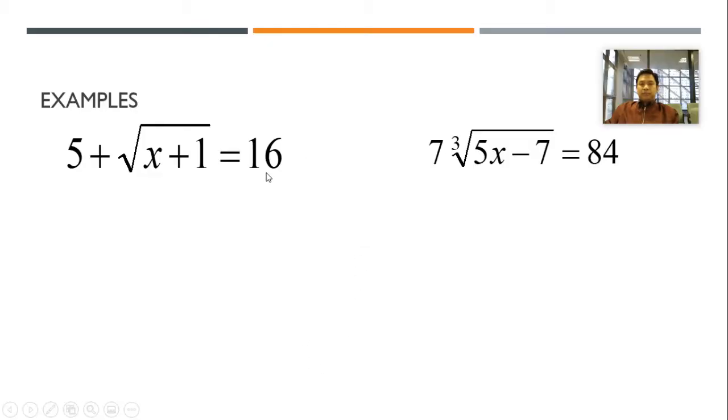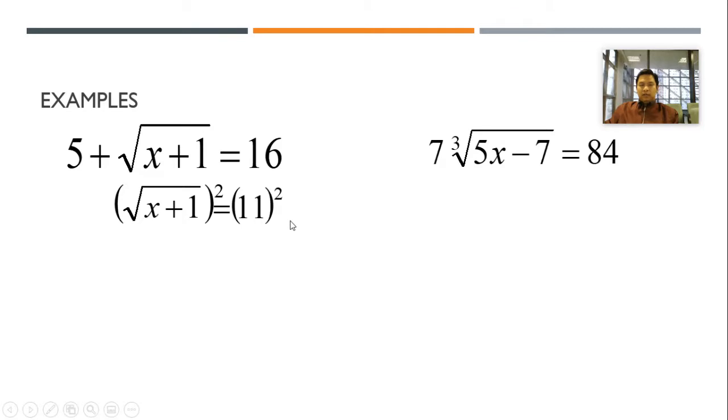So to illustrate, here is our radical. The radicand is x plus 1. So for us to solve for x, we have to get rid of the radical sign. But for us to do that, we have to get rid of this first. Let's isolate our radical by moving the parts without the radical to the opposite side of the equation. So square root of x plus 1 becomes 11.